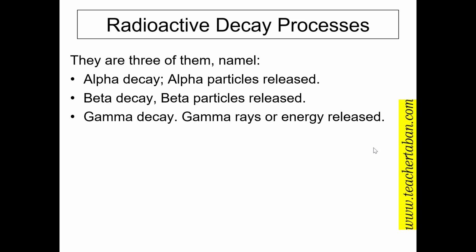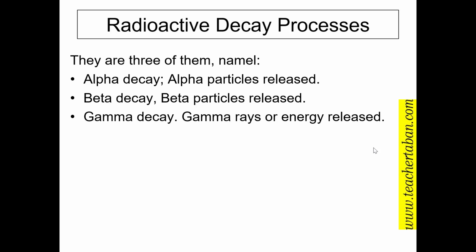It can be 1, it can be 3, it can be as many as possible. During the beta decay process, beta particles are always released as well. And during the gamma decay process, only gamma rays or energy is released. During the alpha and beta decay processes, energy is also released in addition.